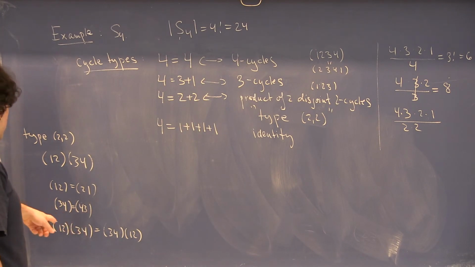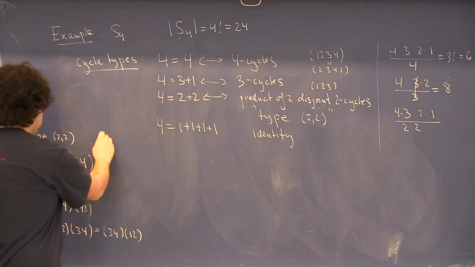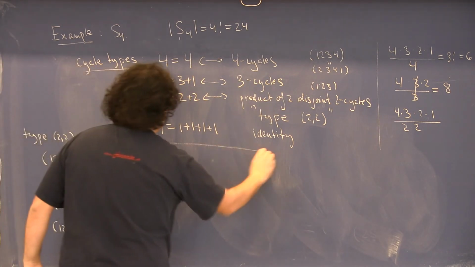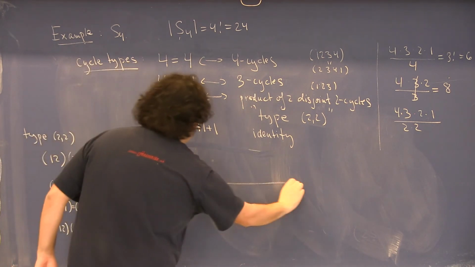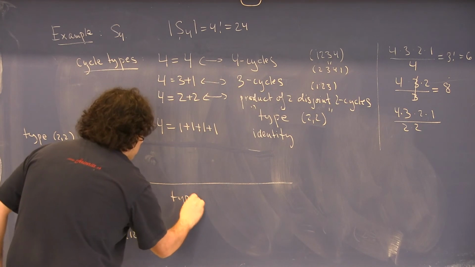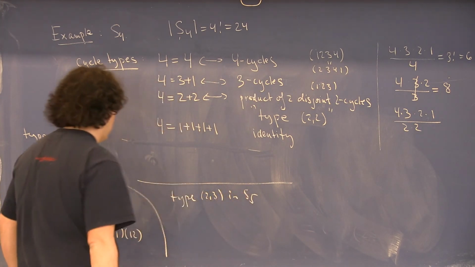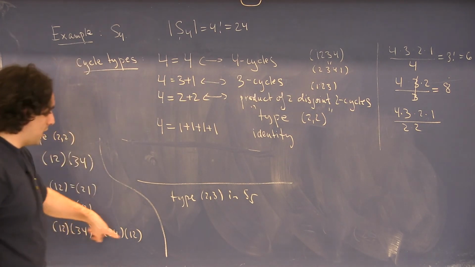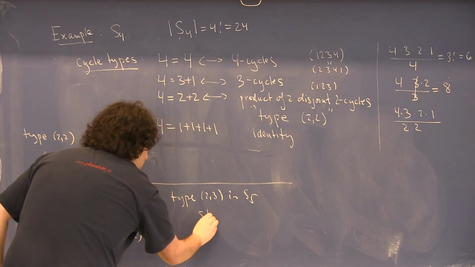Now, you have to be careful here. A common mistake at the beginning is that if we were doing type 2, 3 in S5, then I would not have an additional division here. I would have 5 factorial.